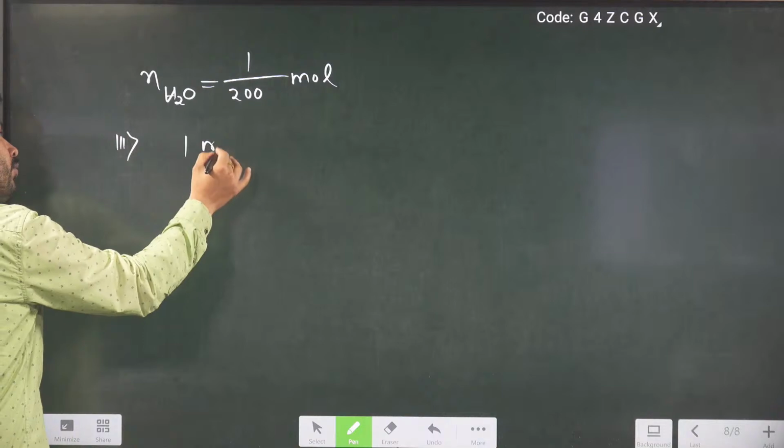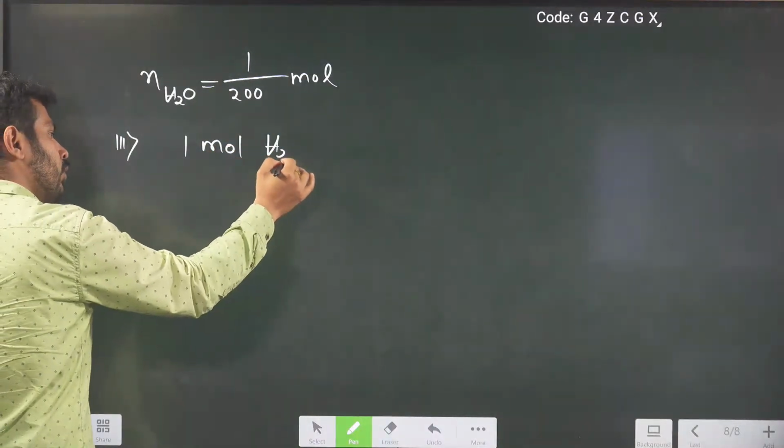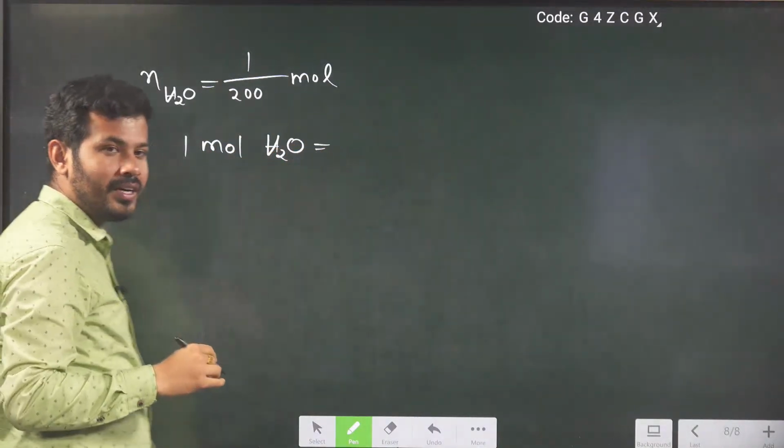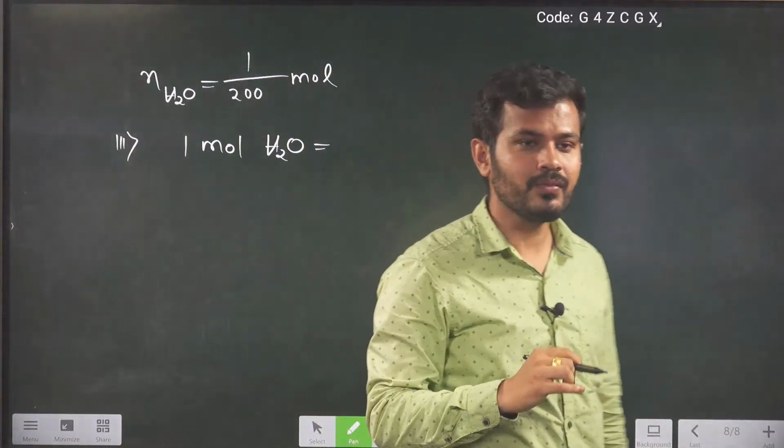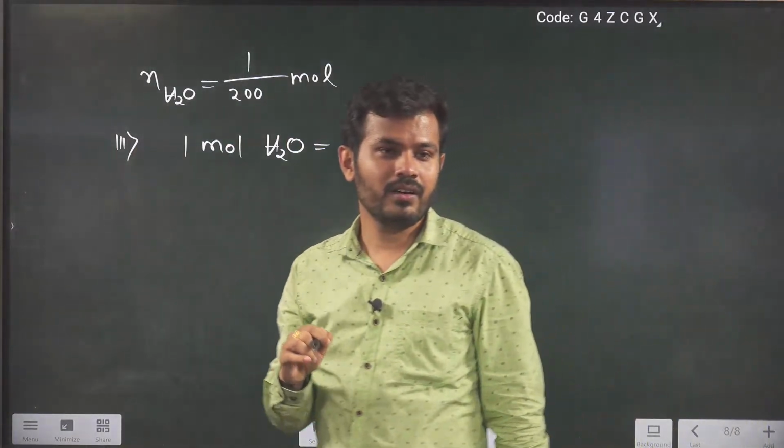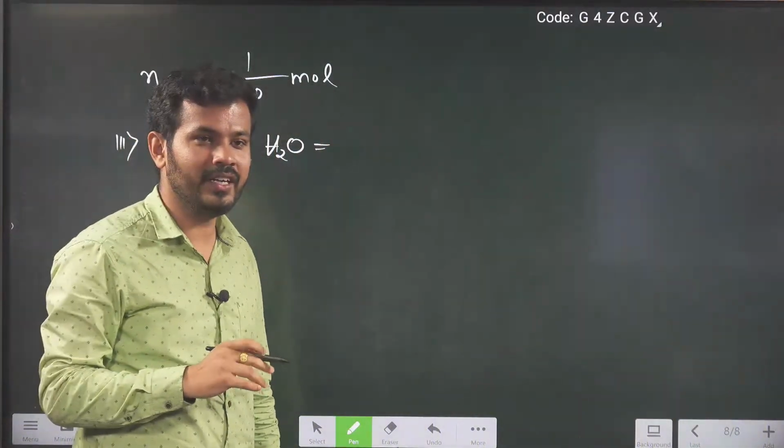We know 1 mole of H2O. What is the mass of 1 mole of H2O? 18 gram.